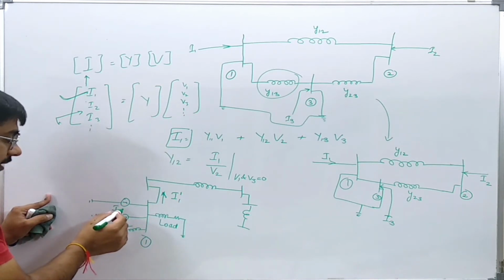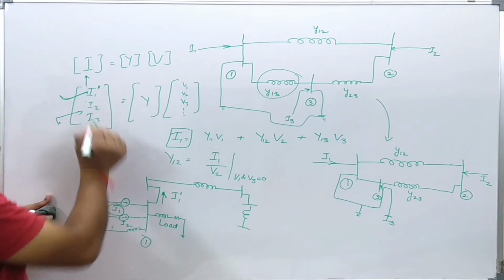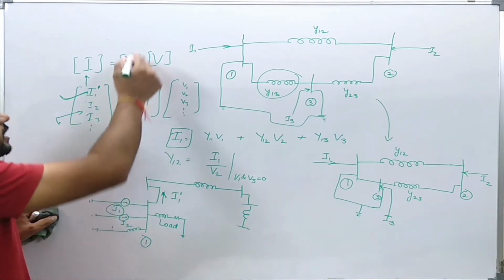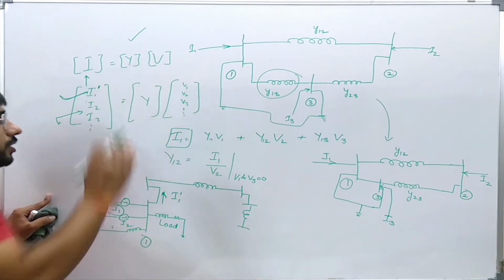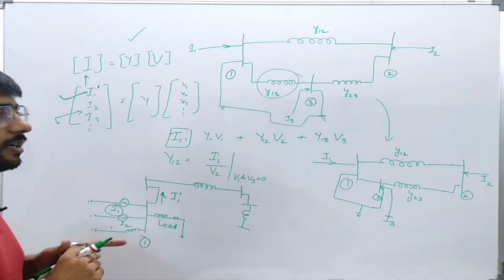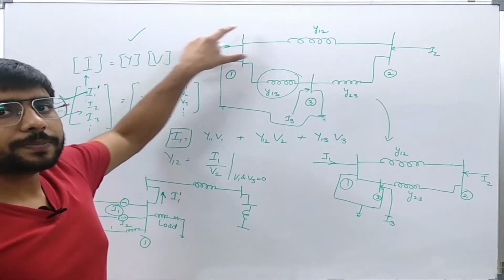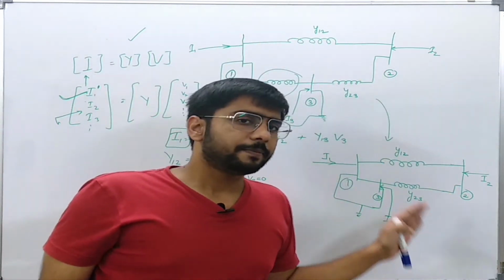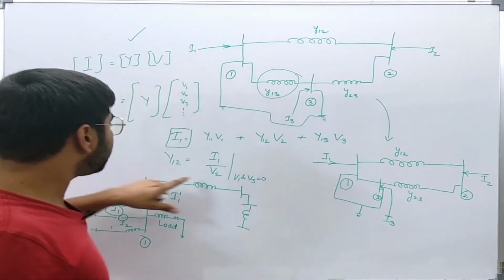So instead of this I1, I will use I1 prime in the current vector in the equation given by I is equal to YV. So we should always note that these currents are the currents which are entering from the bus to the transmission network. Now we will see how we will use this concept in finding this ratio.